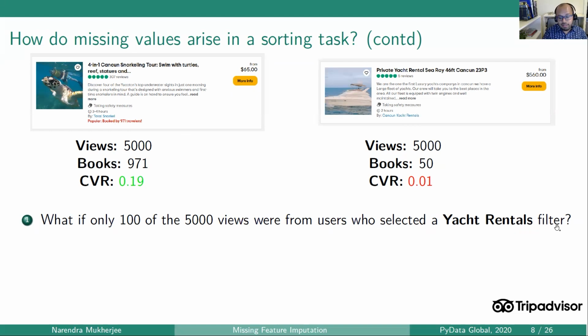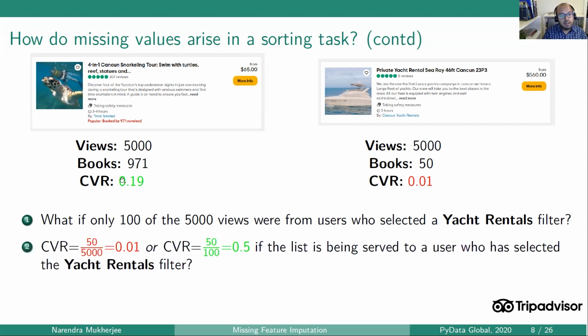So in that case, what would be the right value for the conversion rate of that product? Should we be considering all the views of the product, or should we be considering only the views where the user explicitly expressed intent to buy a yacht rental? So should the conversion rate be 0.01 or 0.5 if you divide it by 100?